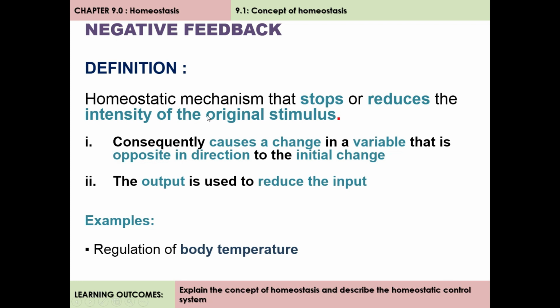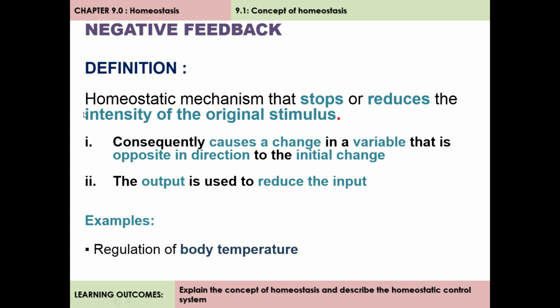So the output is used to reduce the input. An example is regulation of body temperature. If your body temperature is higher, there must be a negative feedback mechanism to reduce your body temperature.